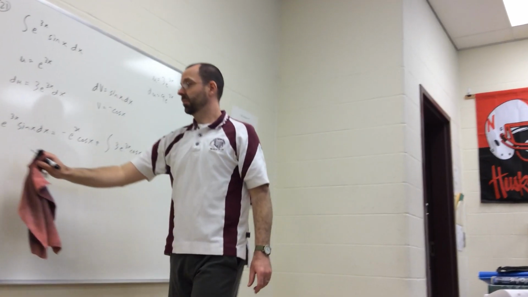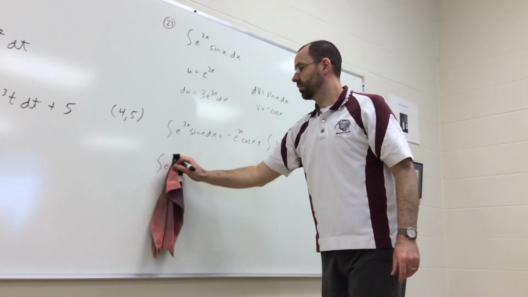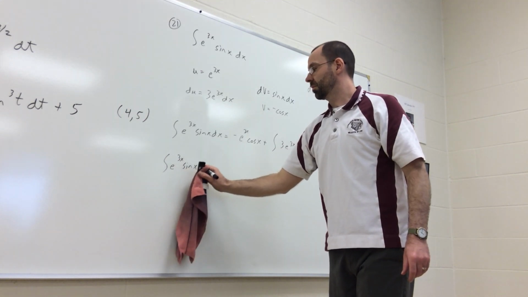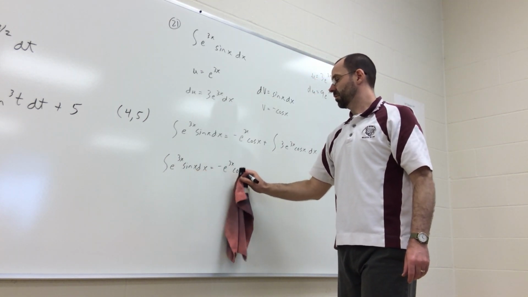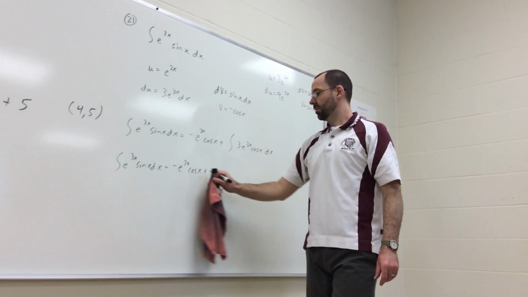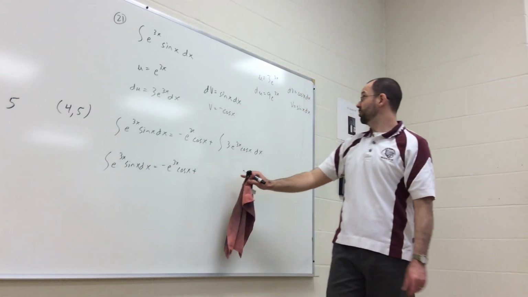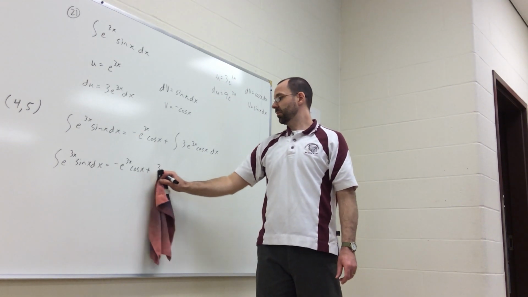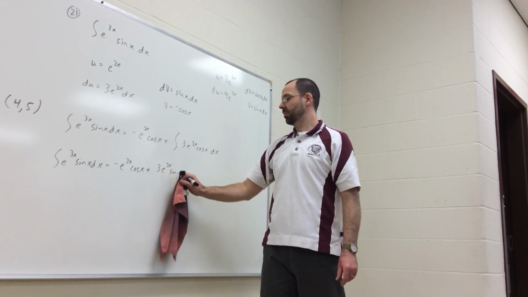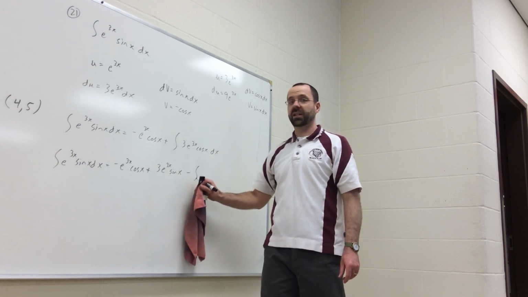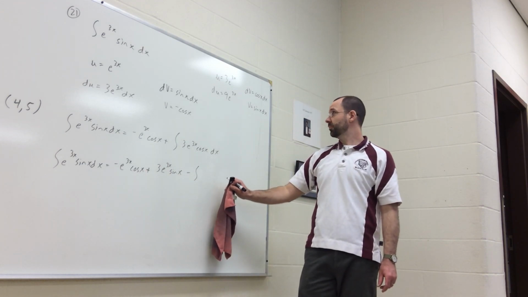Okay, so then recopying this. Now I've got my new u times my new v, minus my v du.